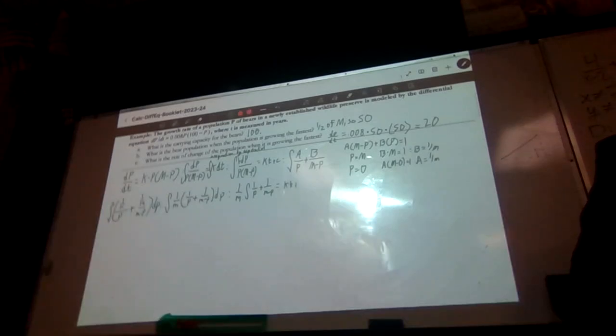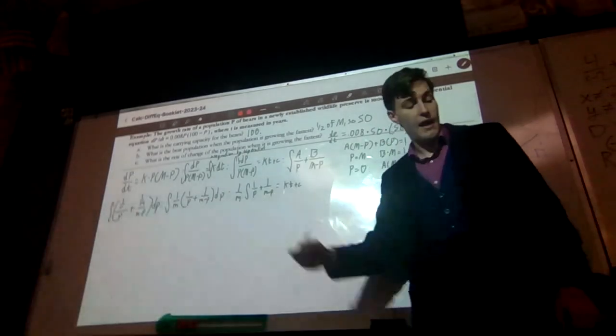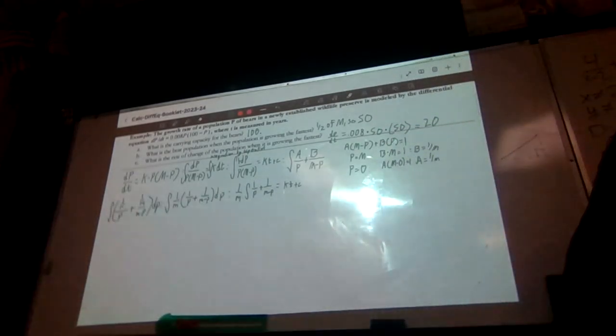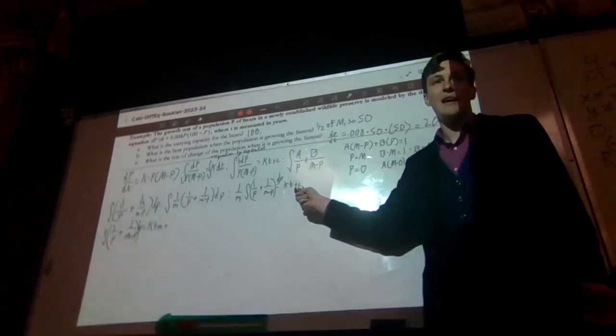is equal to kt plus c. So what can I multiply both sides by then? Multiply by m, and I get the integral of 1 over p plus 1 over m minus p, and don't forget your differentials, dp, is equal to k t m plus, and then do I have to multiply c by m really?